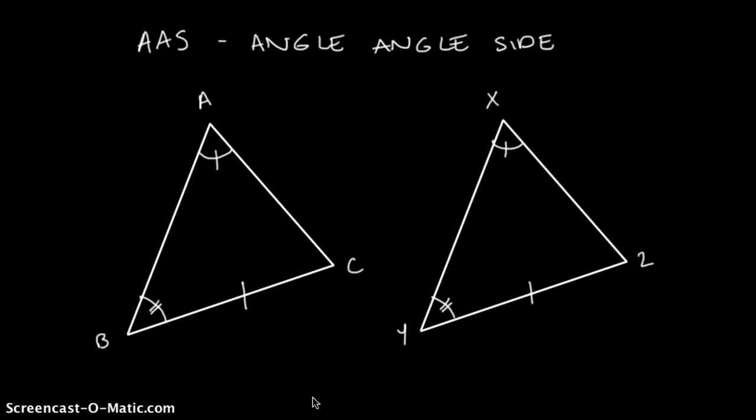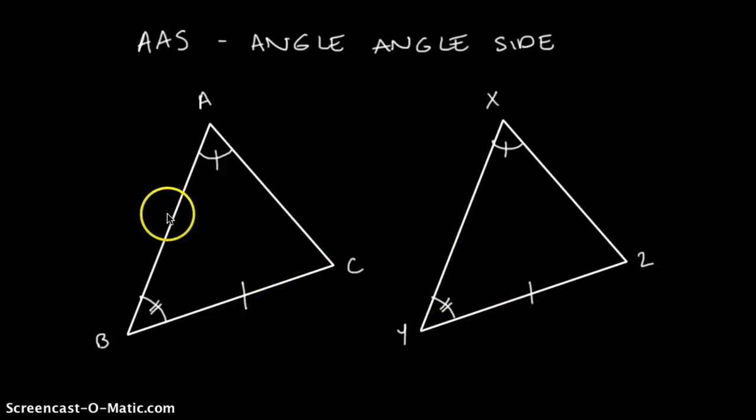Our next theorem is angle, angle, side congruence theorem. By now you're probably catching on that the name has a lot to do with what we're looking for, right? So angle, angle, side. This one's actually interesting and maybe not one you would predict because it seems like it wouldn't work. But if I have two triangles and I have two congruent angles that you can see here, and I have a congruent side, this works.